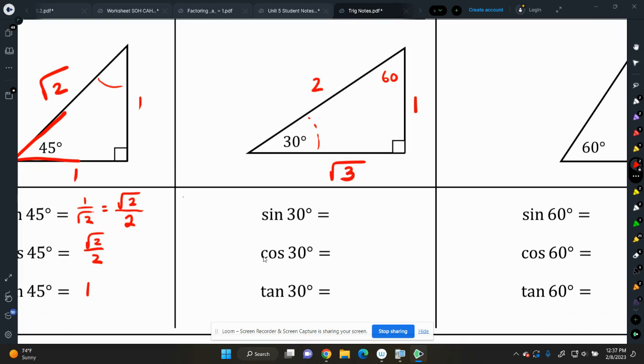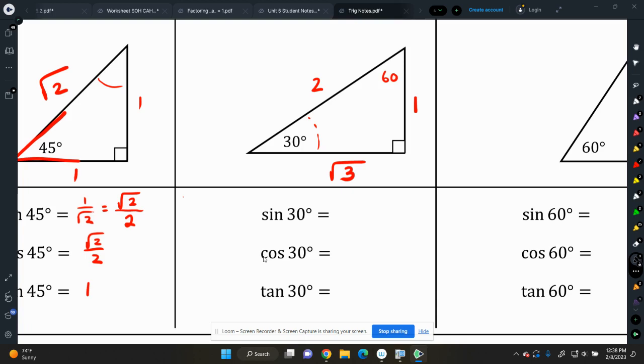The shortest leg is opposite the smallest angle. The longest leg is opposite the largest angle. The hypotenuse is always the longest side on a right triangle. Now one of the things that I do, because sometimes I doubt myself whether I labeled it correctly, because in my brain it doesn't match.